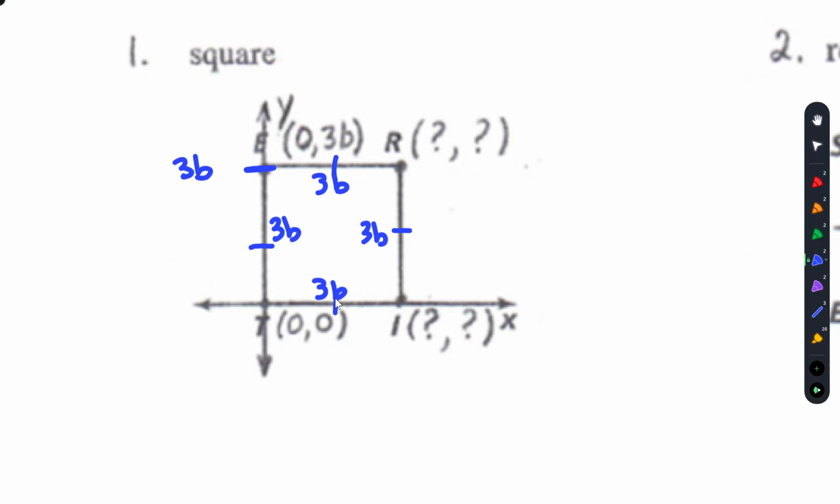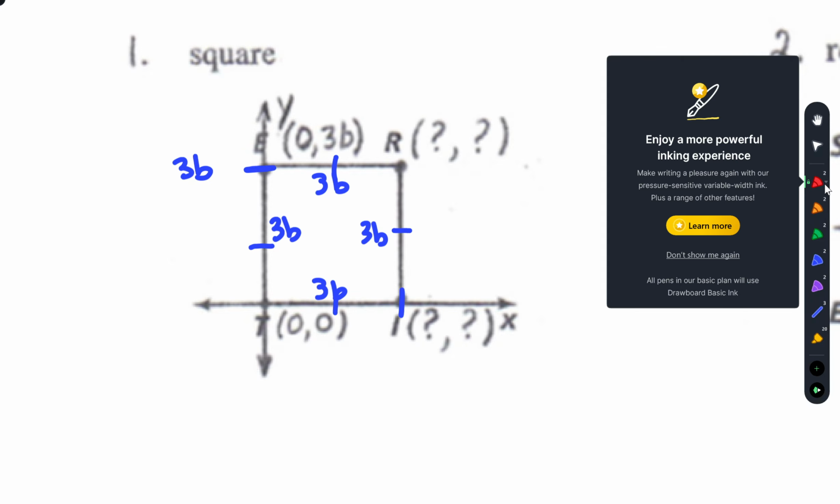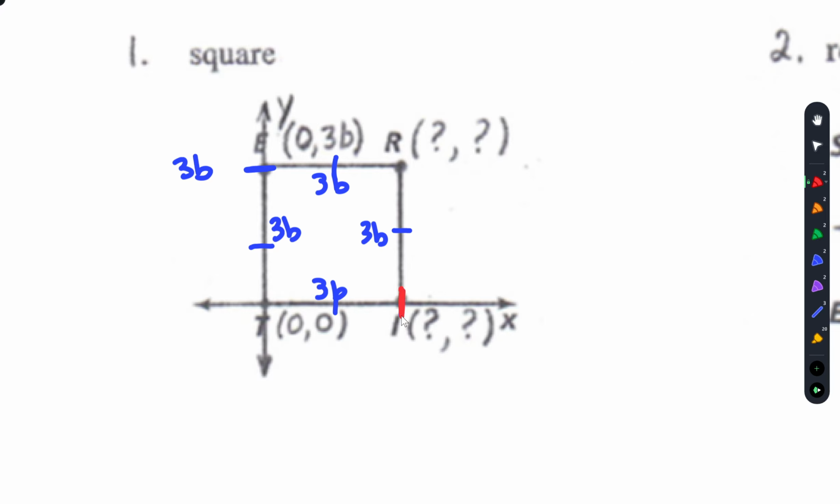Does that make sense what I'm telling you? That means that this point right here, well, I should do this in red because it's an X value, is going 3b to the left. What's the Y value down at that point down there? The X value is 3b. The Y value, how far up or down does it go? Nothing. It doesn't go up or down at all.